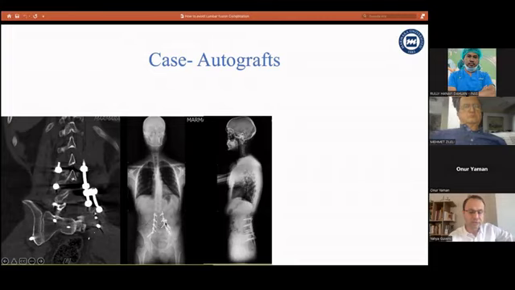Sometimes we use transverse, but we took only a hemi-sacrectomy, and we put the graft in here transversely, between the graft and the normal sacrum, with a screw. We actually get a very, very strong fusion here.